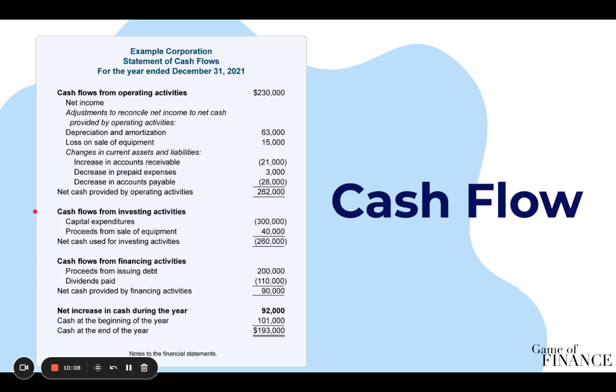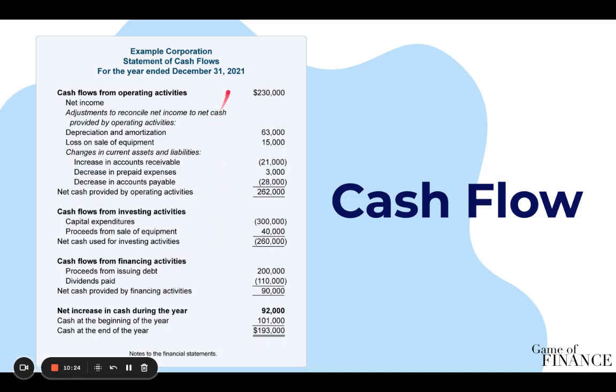A cash flow statement typically has three main sections: cash flow from operating activities, from investing activities, and from financing activities. And then we have the net increase in cash during the year.